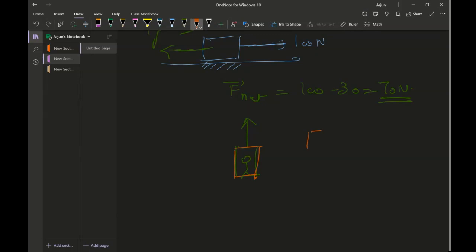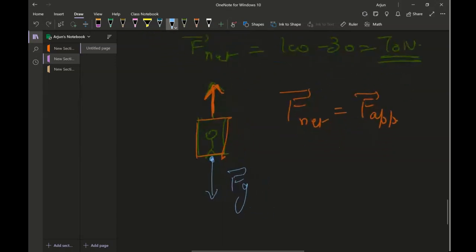So F net, I can write it as, let's say, what are the forces acting on this? One is an applied force which is trying to pull it in the upward direction. So force applied, and then there is also a downward force, that is force due to gravity. All right. So acceleration due to gravity always acts in the downward direction, come what may. So minus Fg.